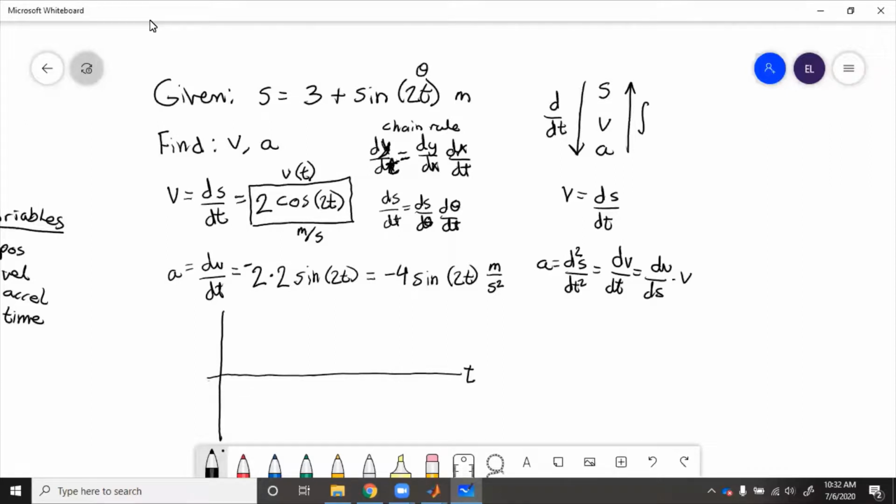So let's see, if we start with position, that can be green. So s equals 3 plus sine of 2t. So let's say this is 3. We know that for the sine function, every time theta is 2 pi, you get a whole revolution. But 2 pi is double of t. So every time t is pi, we'll get a whole revolution.